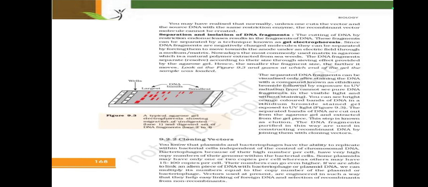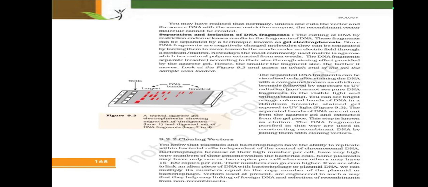Some plasmids may have only one or two copies per cell, whereas others may have 15 to 100 copies per cell. Their numbers can go even higher. If we are able to link an alien piece of DNA with bacteriophage or plasmid DNA, we can multiply its numbers equal to the copy number of the plasmid or bacteriophage.